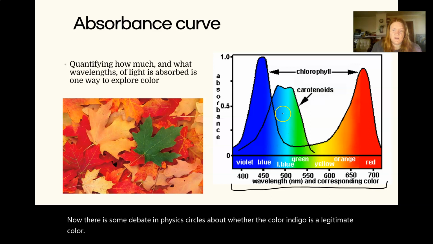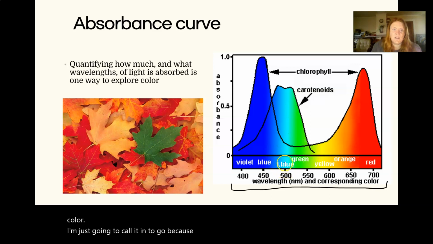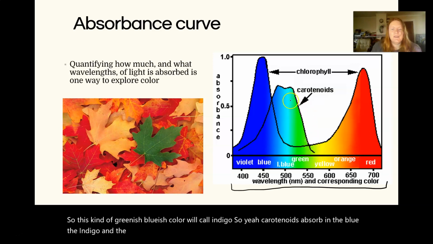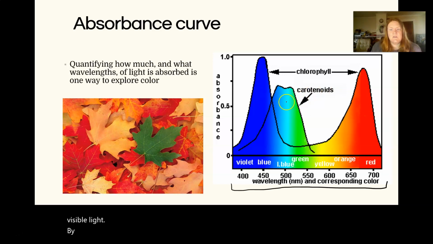I'm just going to call it indigo because I think it's less confusing than light blue. Okay, so this kind of greenish bluish color we'll call indigo. So yeah, carotenoids absorb in the blue, the indigo, and the green region. So leaves are actually able to harness quite a lot of the visible light by having different pigments in them to do so.